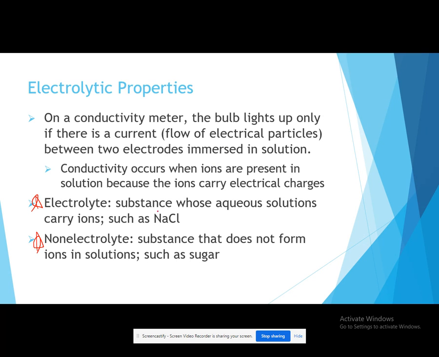So for example, NaCl can split into sodium ions and chloride ions. Sodium has a positive charge, chloride has a negative. A non-electrolyte, on the other hand, does not form any kind of ions, like sugar. And that is because sugar, we're going to learn, is a molecular compound, and molecular compounds are not made up of ions.